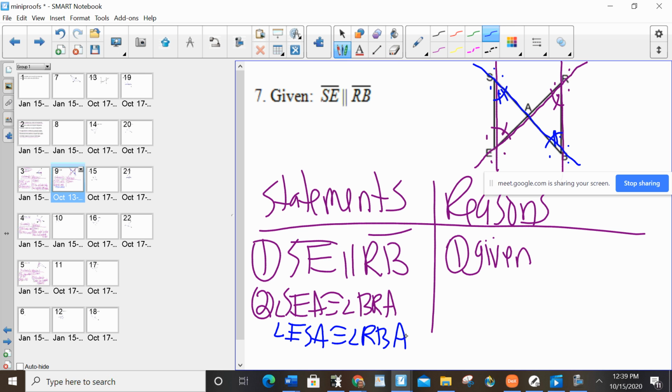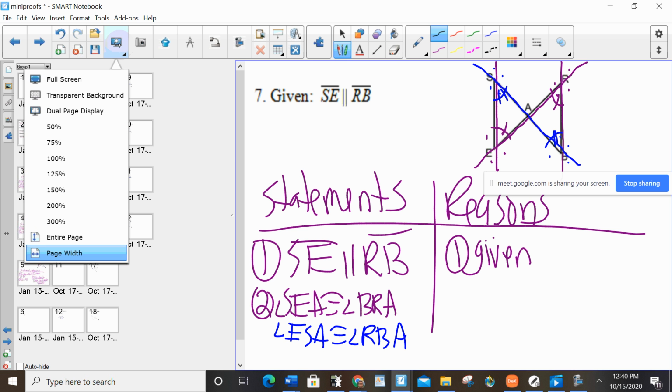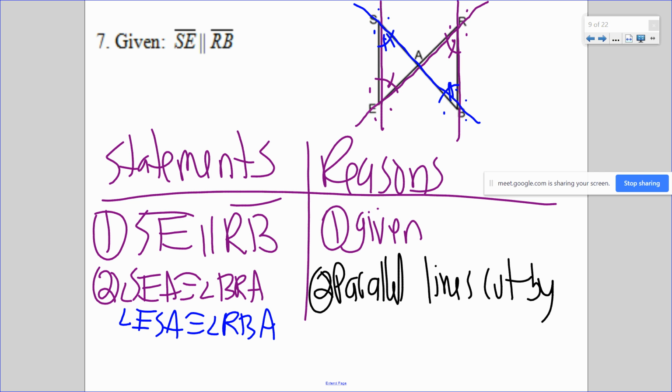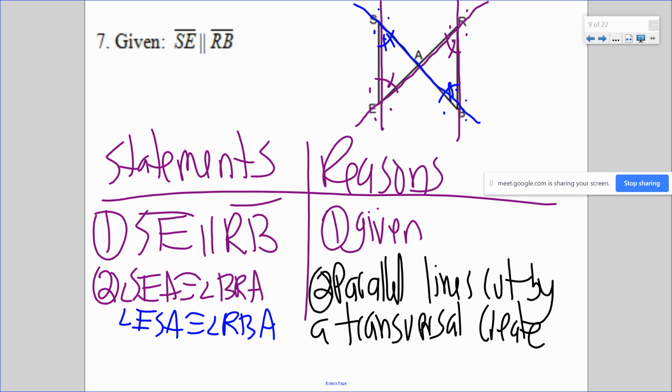Now the reason for parallel, it always starts with, and this is a long one, parallel lines cut by a transversal create congruent.